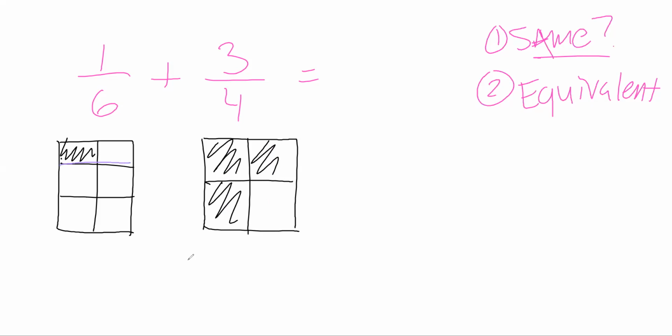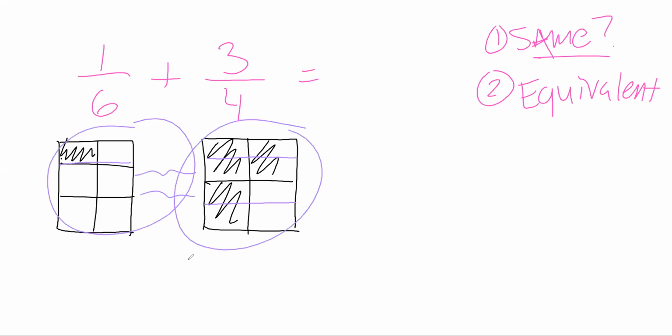I'll go here, and over here. 1, 2, 3, 4, 5, 6, 7, 8. So see, this really isn't panning out. I'm trying to model this and it's just not really working for me. So let's try a different approach.